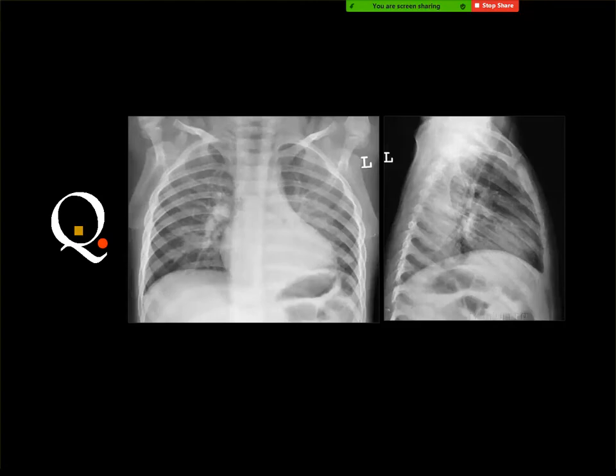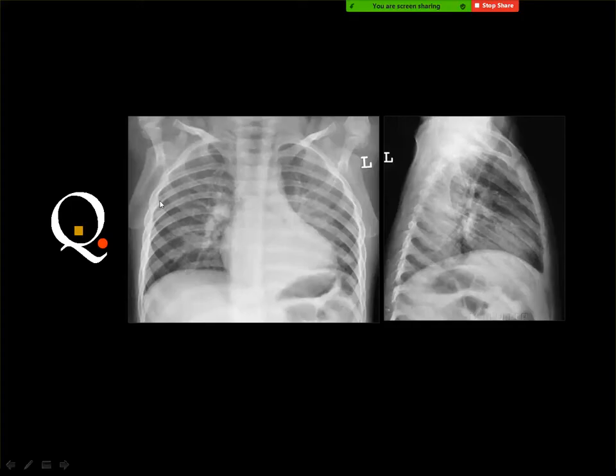Looks like a miliary shadow, maybe in the lateral view. Yeah, there is some miliary shadow. Maybe it is TB or metastasis, according to the history. If you feel that there are miliary shadows, then you can elicit them here.